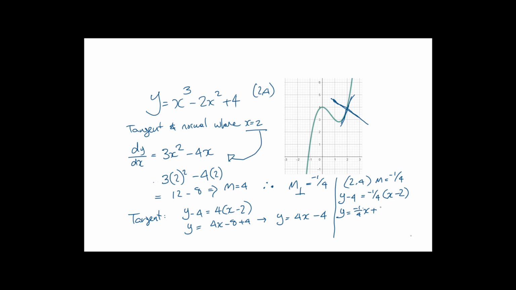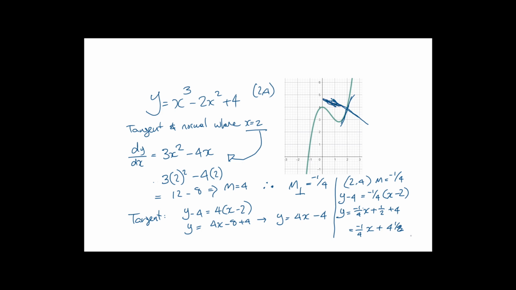So y is going to be equal to minus 1/4 x plus a half, since -1/4 times -2 is a half, plus 4. So the equation for this is going to be -1/4 x plus 4.5.